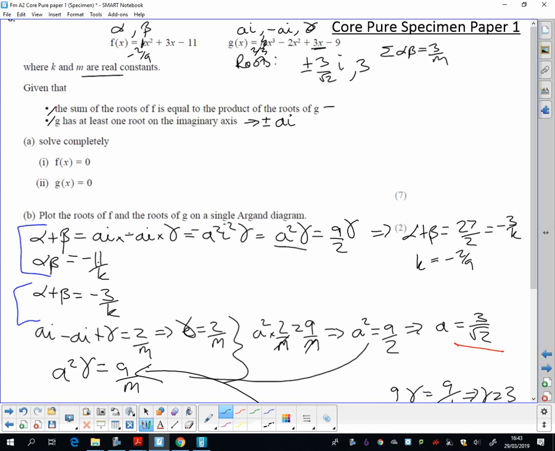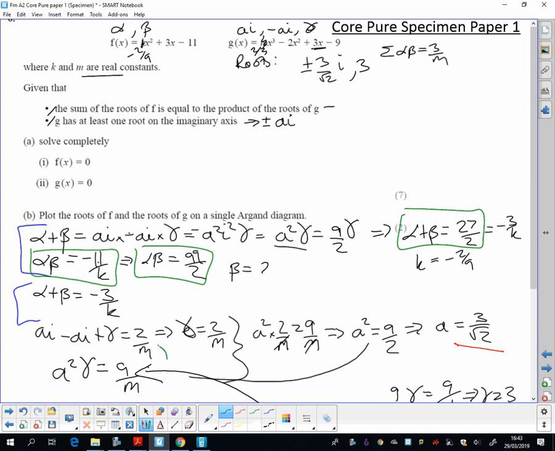You could do that by solving the quadratic, or we can solve this one along with the product of the roots, because now that becomes alpha beta equals 99/2, and we can solve these simultaneously using some substitution, and you can get that beta or alpha is 27 plus 3√7i/4.